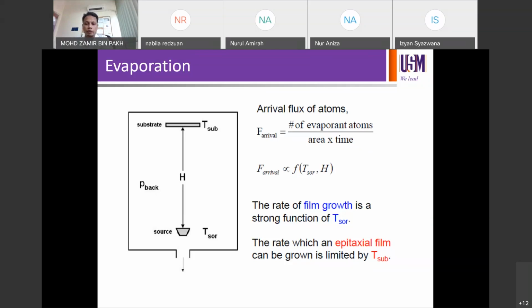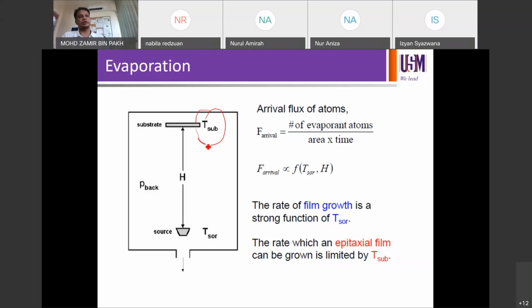Right, the rate of film growth is a strong function of the source temperature. So you normally have source temperature, and then, as an option, depending on the system, you may also have substrate temperature for your substrate here.